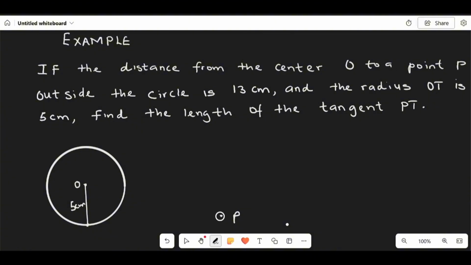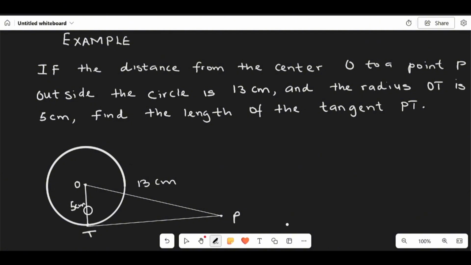So we are going to connect this point and this together. So this point is T. The question says the distance from the center O to a point P outside the circle is 13 centimeters. This is our center O, this is our point P. That means the distance from this point to this point is 13 centimeters.